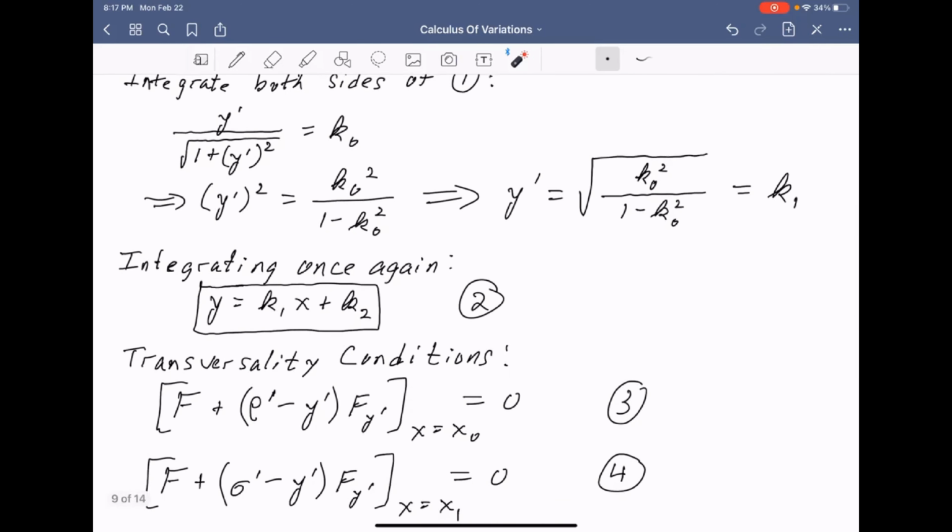Integrating again to get y, we get y equals k1 x plus k2. We'll denote that with a number 2.